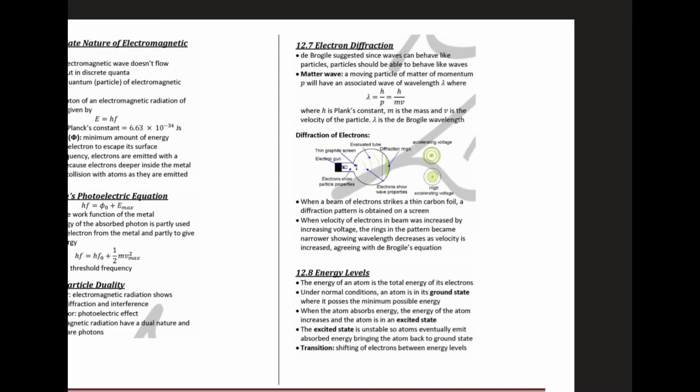Here h is the Planck constant, m is the mass, and v is the velocity of the electron. So you get lambda, the de Broglie wavelength. When you have a wavelength, of course the electron should behave like a wave. So we have to find out how diffraction happens on electrons.